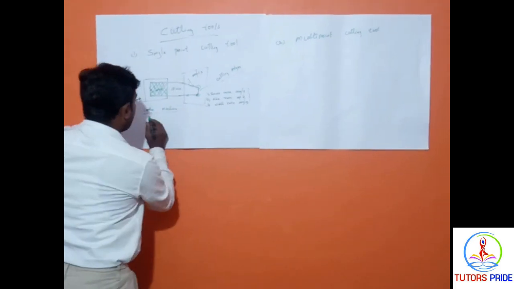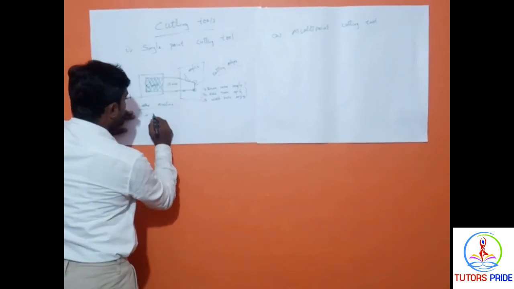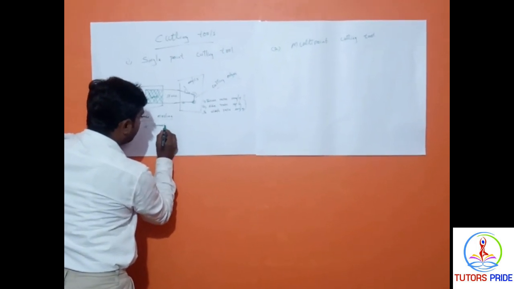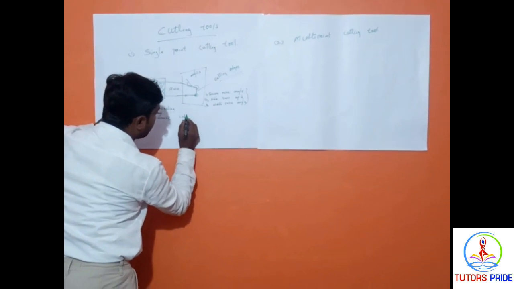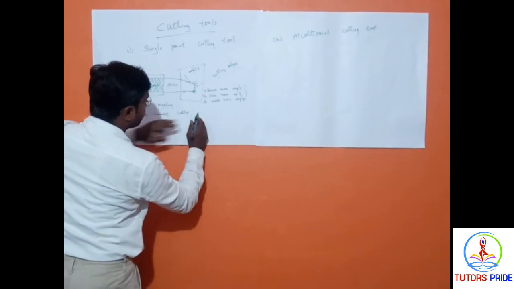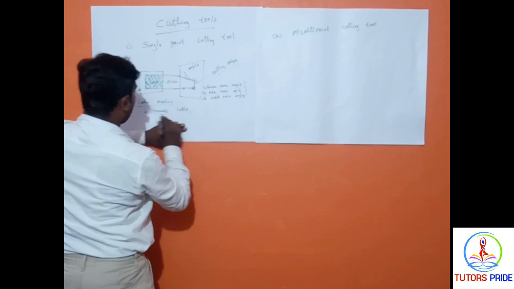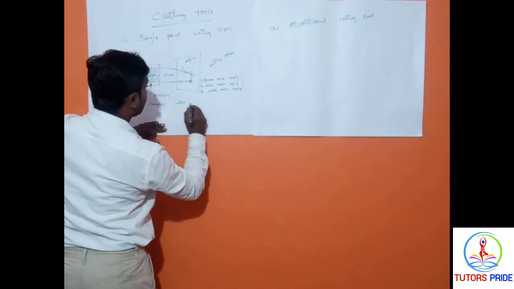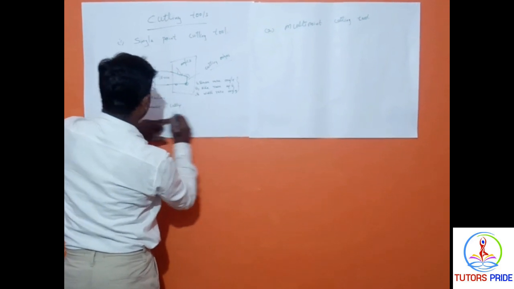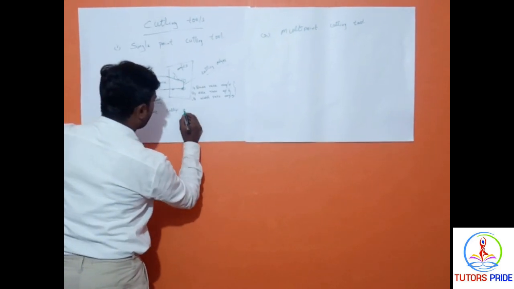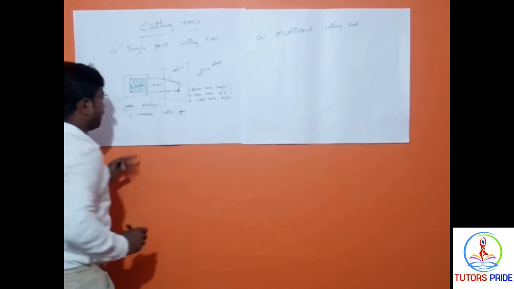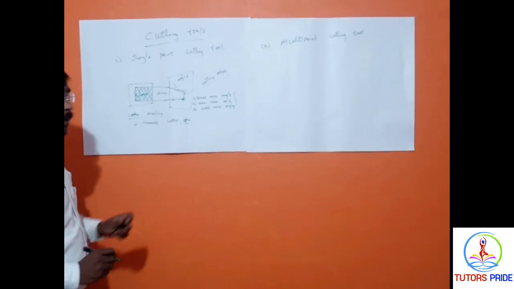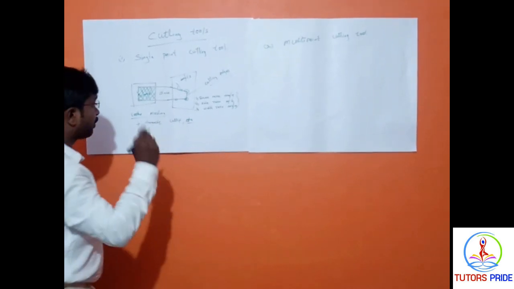So the lathe machine operates threading, cutting, etc. with the cutting edges. And why is this very amazing? One more thing, shaping also we can do easily.